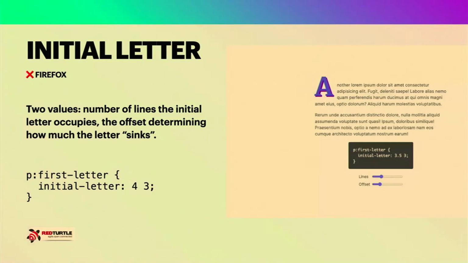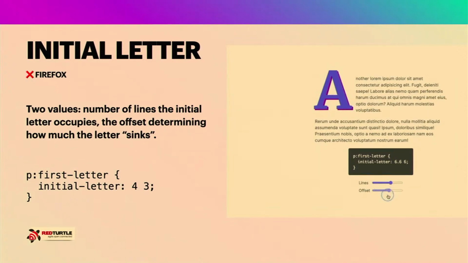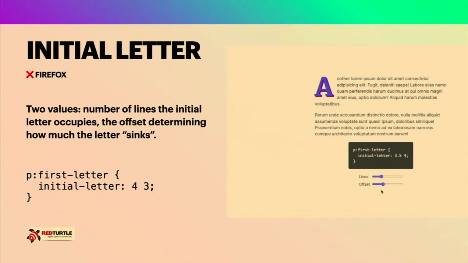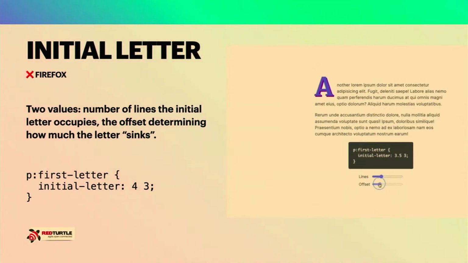And it has two values, which is the number of lines it should span in height. And the second one, the 3, is the offset, which means, let me show you the video here where it toggles a little thing, which means how many lines it should be. So yeah, the offset in height, let's call it that.